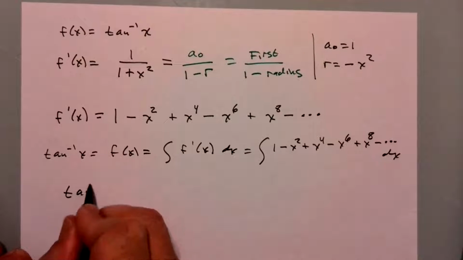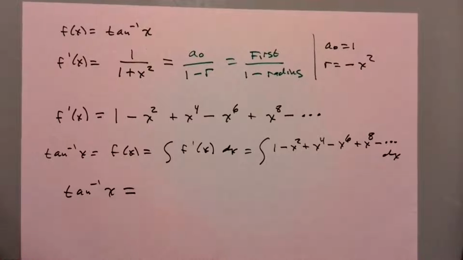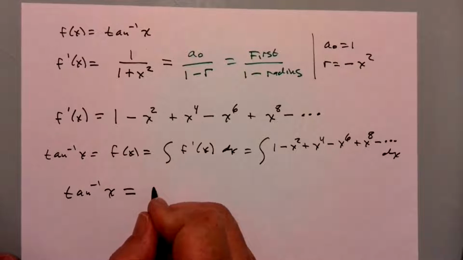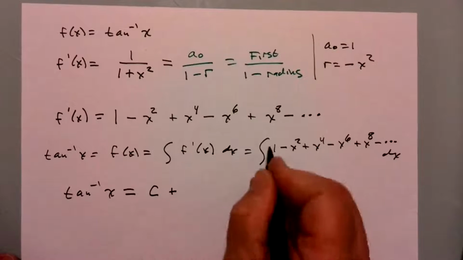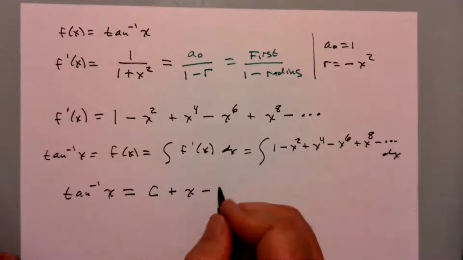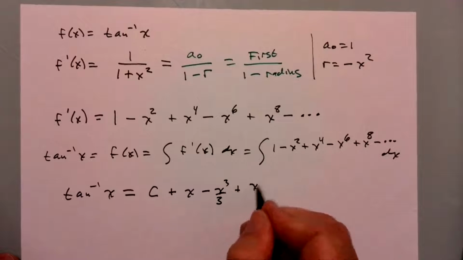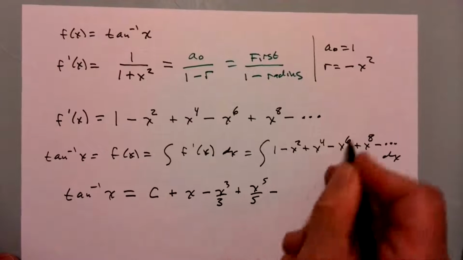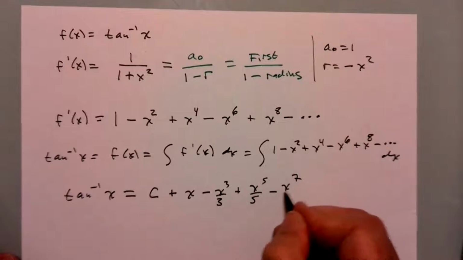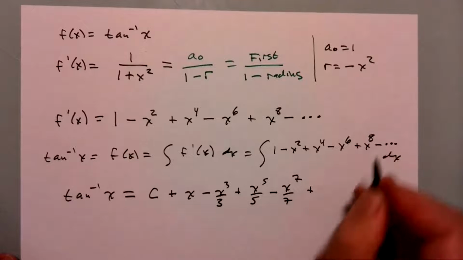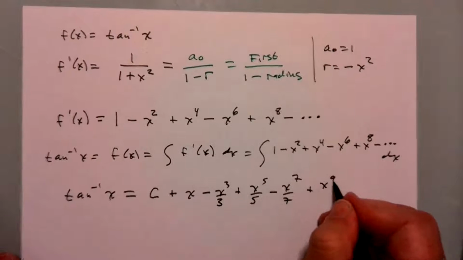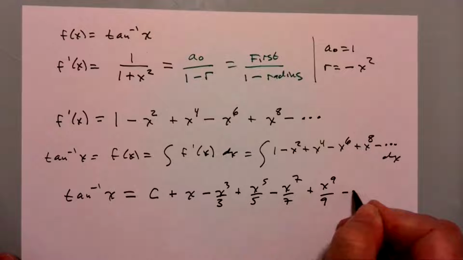So inverse tangent of x. Now, normally speaking, we put the plus c at the end, but this is infinitely long, so I'm not going to be able to put plus c at the end since it never ends. So I'm going to start with the c. Integral of 1 is x, integral of x squared, x cubed over 3, integral of x to the 4th, x to the 5th over 5, integral of x to the 6th, x to the 7th over 7, plus integral of x to the 8th, x to the 9th over 9, minus dot, dot, dot.